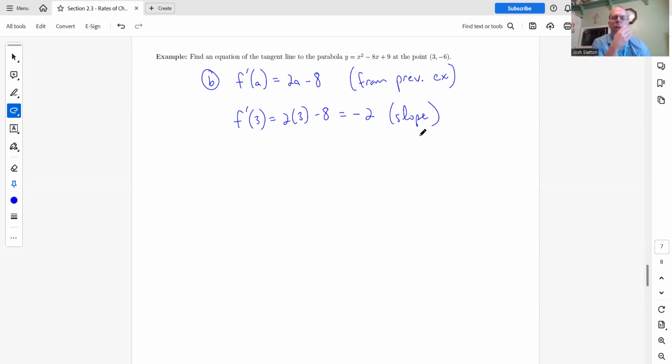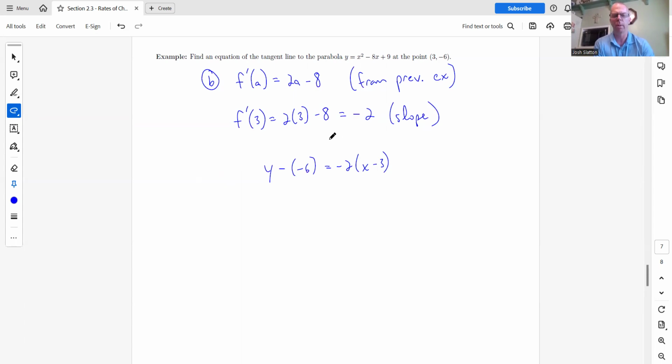And then we have the point (3, -6). So if we want our tangent line equation, it'd be y minus -6 equals -2 times x minus 3. And really, that's it. Again, I think I said this before as well: if they just tell you to find the equation of the line, you don't really have to simplify it.